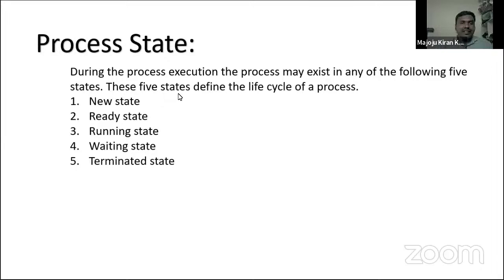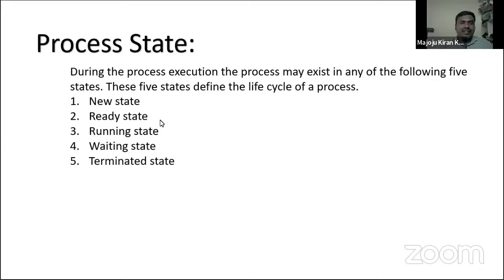A process is in any of these five states during its life cycle. The first state is the new state, the second is ready, the third is running, the fourth is waiting, and finally it will move to the terminated state. Let us see when a process is said to be in the new state.